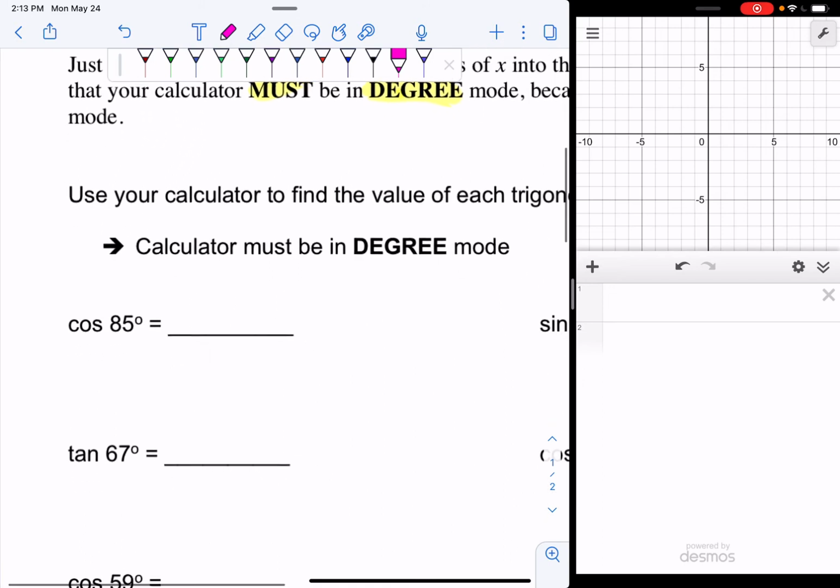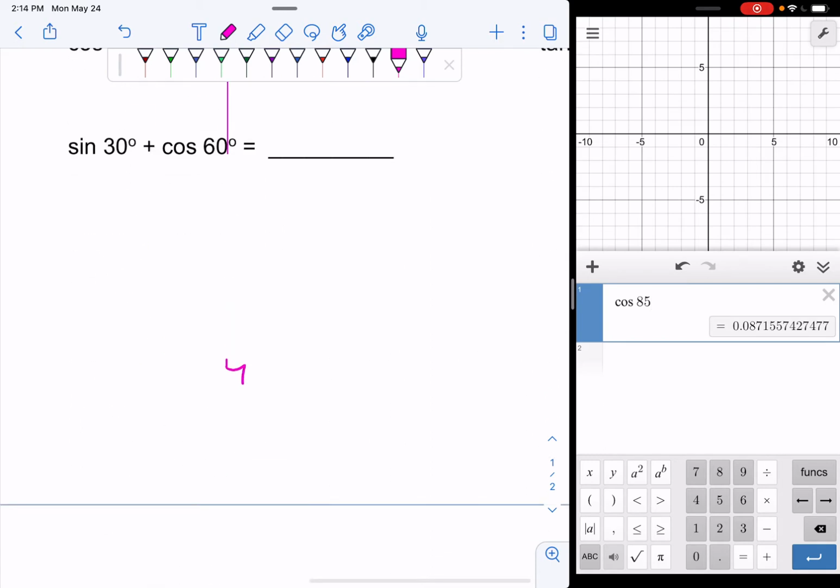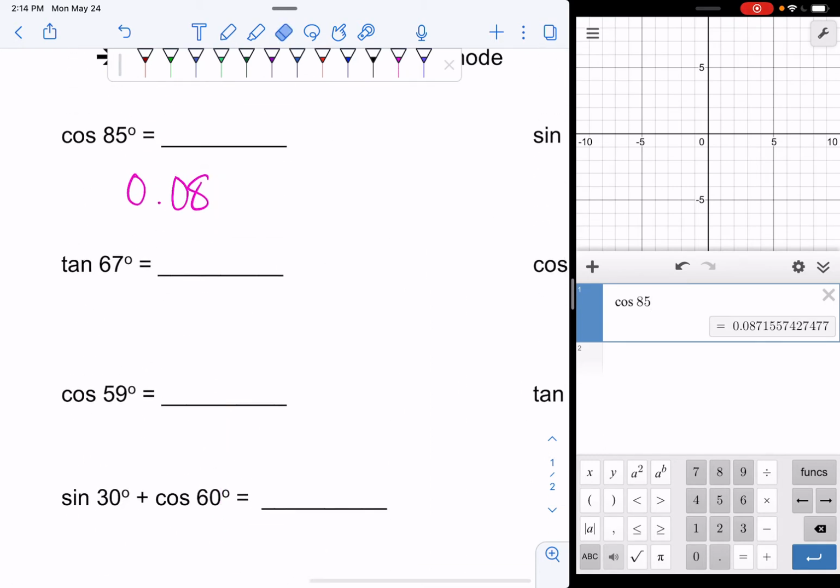For our first example, we want to find the cosine of 85. I'm literally going to type in cosine of 85, and I get this long, nasty number: 0.087155. I'm not going to write the whole thing.